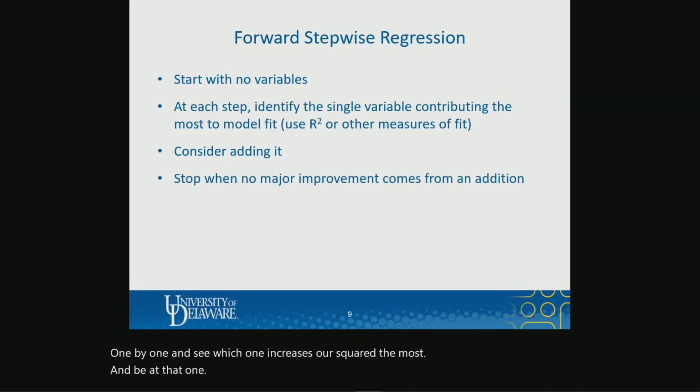At some point, we see no increase in R squared by any of the candidate variables. So none of the variables we add to the model will increase R squared substantially. And that means we have our model. We don't need to add any more variables.